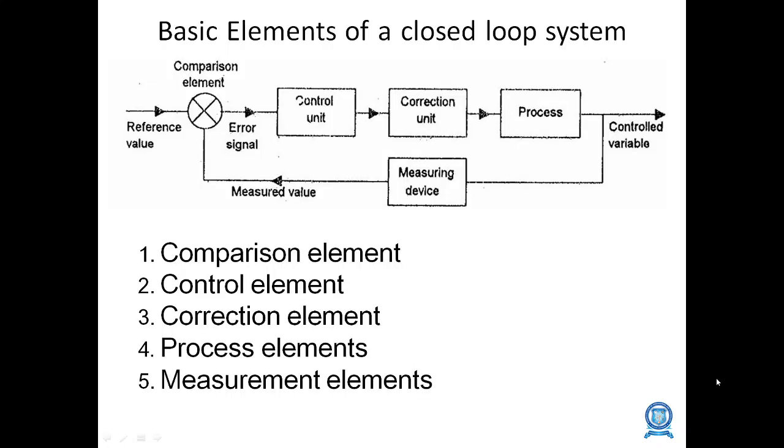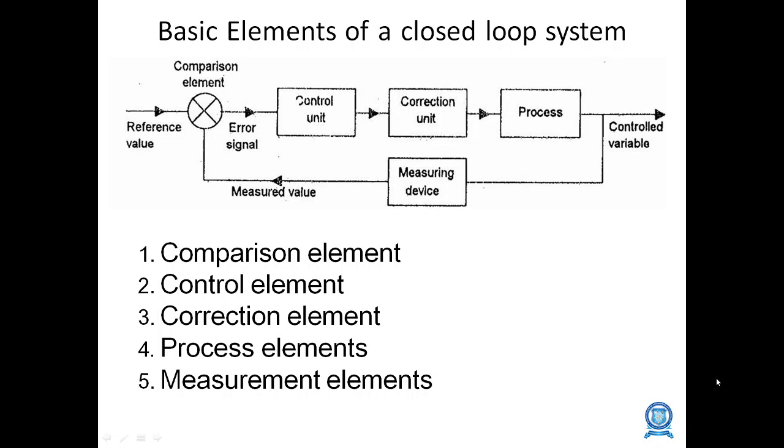The basic elements of a closed loop system are as follows. The signal from the reference value is sent to the comparison element, and the error signal is sent to the control unit, which passes through a correction unit.